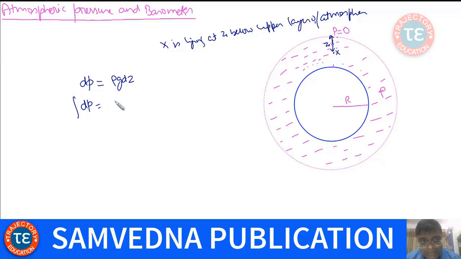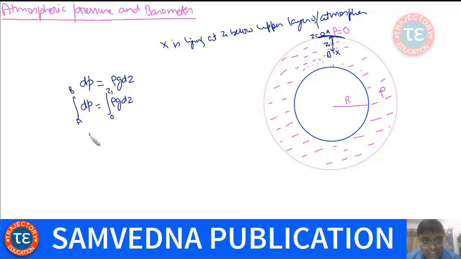Taking z equal to 0 at the top, at point A, z is 0, and at point B, z is z1.